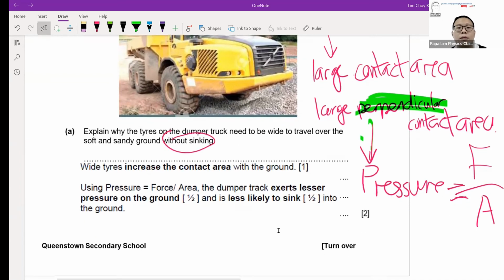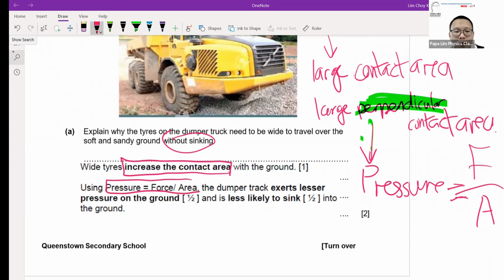So when it starts off with wide tyres, the first thing it hints to students is to look at the contact area. So the first keyword we need students to write is to comment about the contact area, or perpendicular area, and thus I will encourage students to write the phrasing.